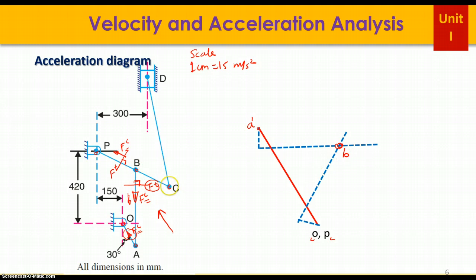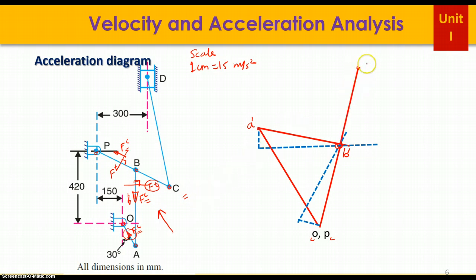Now I want to find C. Again, follow the distance ratio formula and get point C. So before that you join A dash, B dash and also join P and B dash. To get this point C, take ratio, distance ratio and you will get point C here.